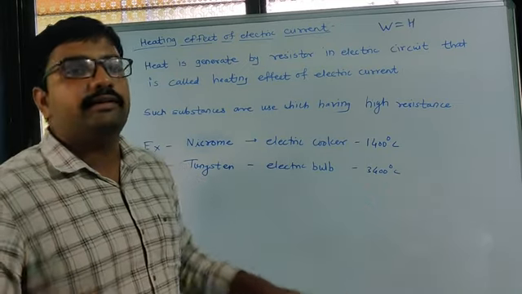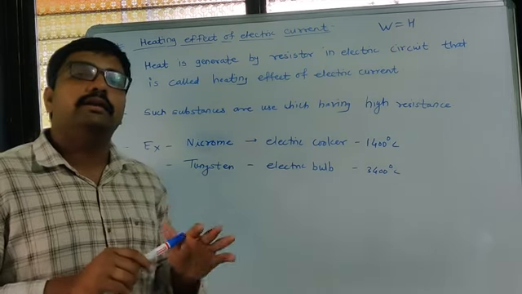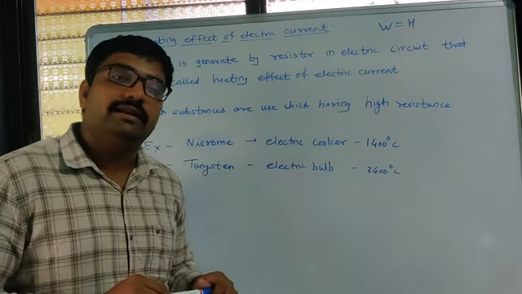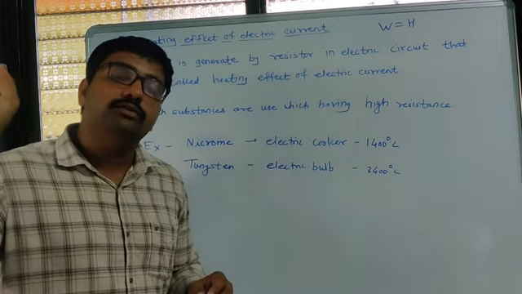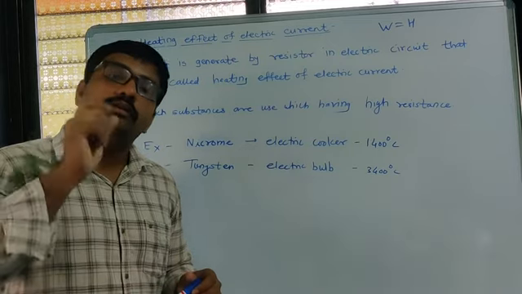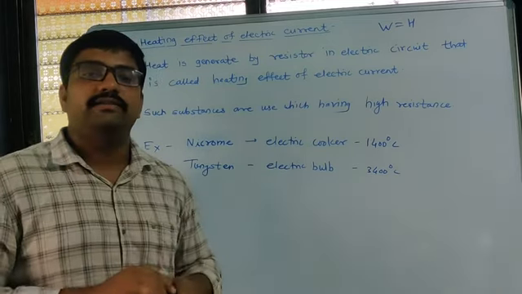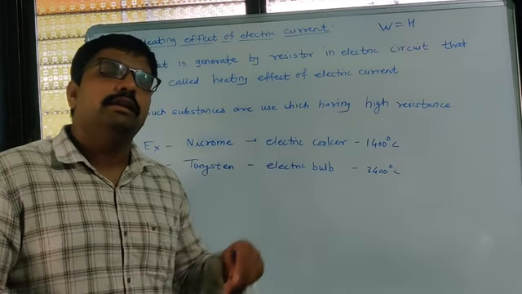Okay, so in the heating effect of electric current, if you connect any resistor in a circuit, then we have to do some work to pass charges through that resistor, and according to Joule's law, whatever work we do across that resistor will get converted directly into heat or light.